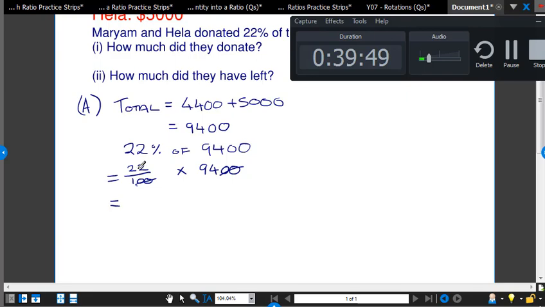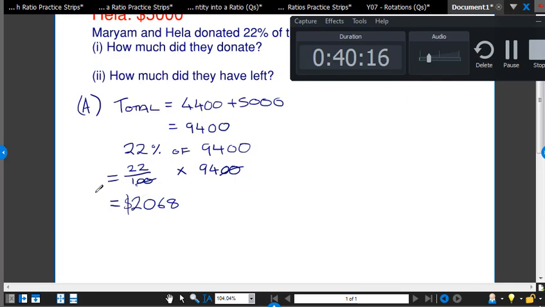So we're going to have 1880, because that's 20 times 94, plus 188. So that's going to give us 2068. Okay. So 2068, and the units are dollars.